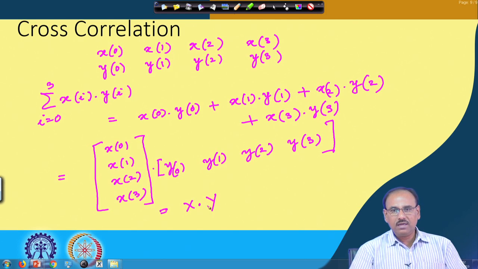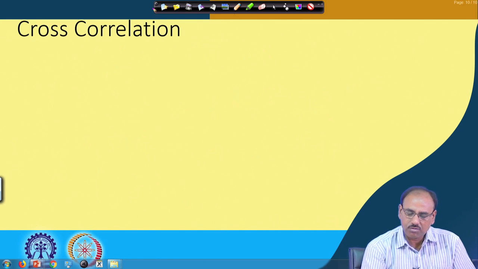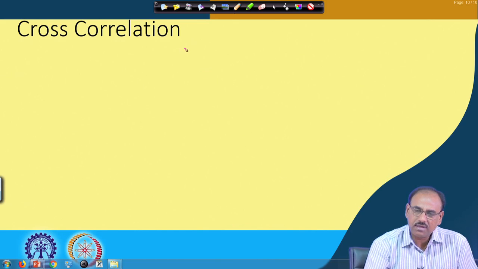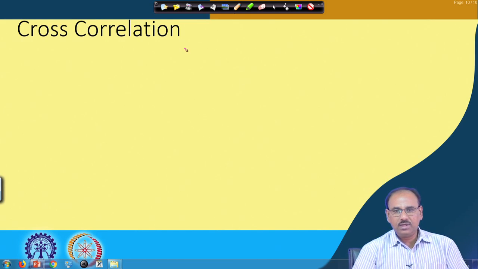And in fact, if one of the two vectors x or y is a unit vector, then this dot product straightaway tells you the degree of similarity. So, let me take just a two-dimensional case, where x is a two-dimensional vector, y is also a two-dimensional vector, and y is represented by a unit vector.